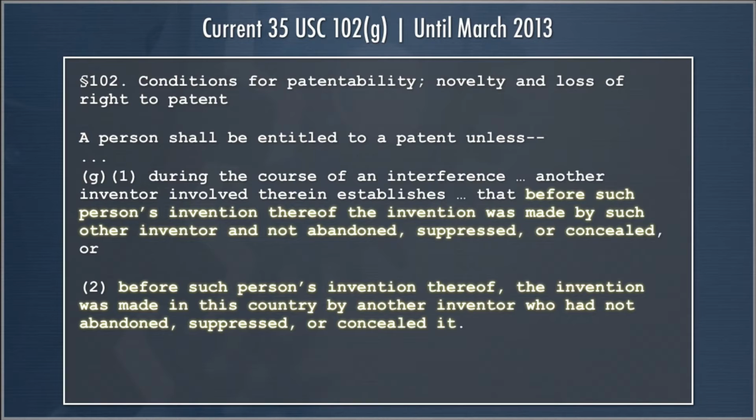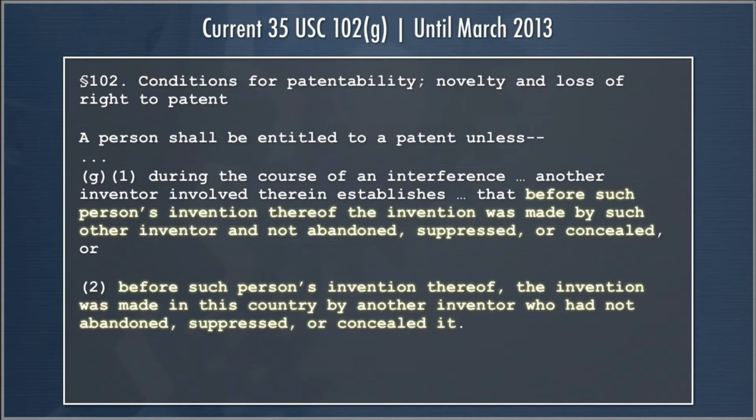Right? So subsections 1 and 2 are the same, except that subsection 1 deals with a different kind of procedure, which is called an interference proceeding. An interference proceeding occurs inside the patent office when the patent office discovers that two potential patentees are claiming or attempting to claim the same invention. They will declare what's called an interference, and at that point there'll be essentially a proceeding inside the patent office to determine priority of invention.